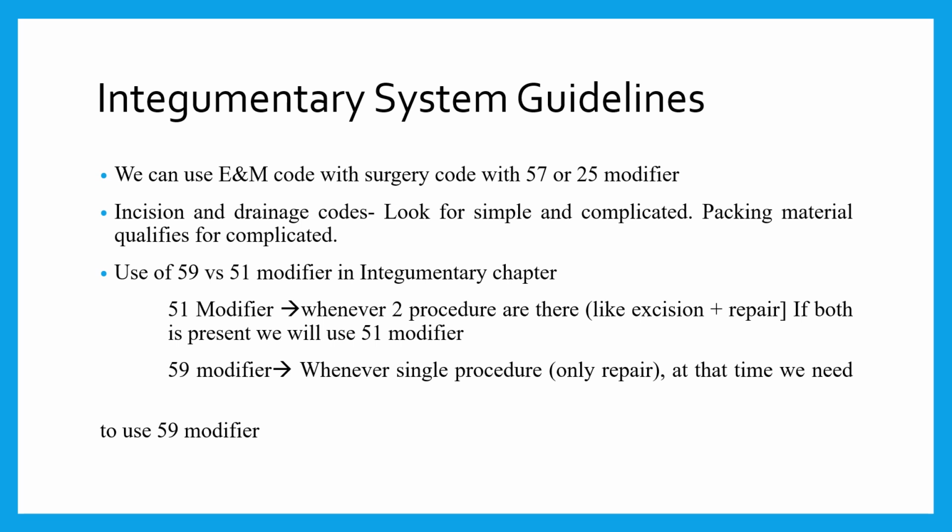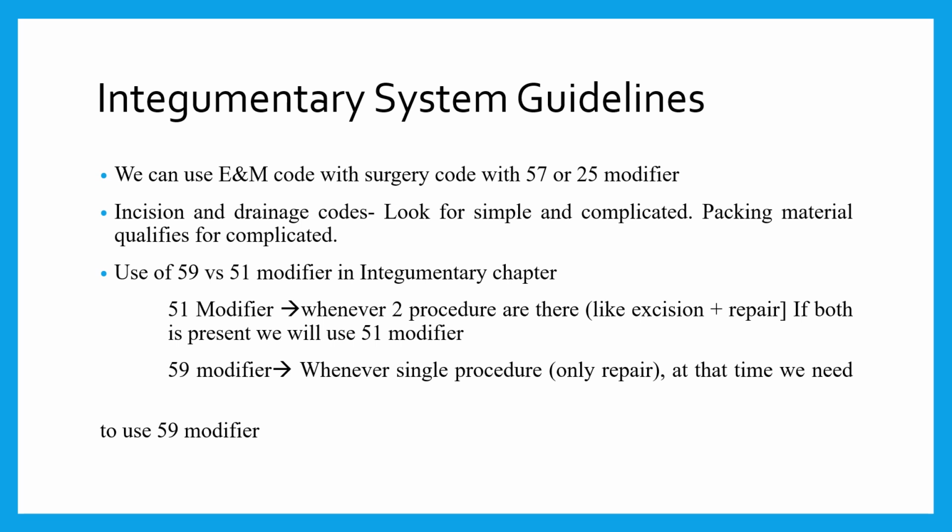Whenever I repeat or tell guidelines, it is going to help you eliminate answers. How? In your question, if some E&M evaluation and management service was done along with the surgery in the integumentary system, it should have modifier 57 or 25 with your codes.